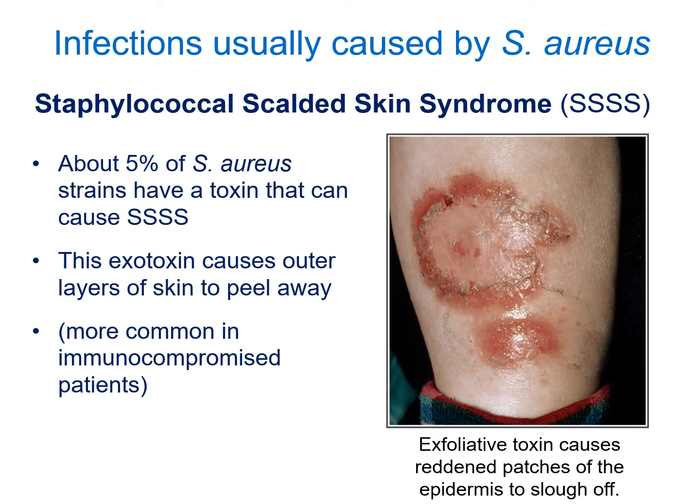Another more dangerous condition caused by S. aureus is staphylococcal scalded skin syndrome, SSSS. What's happened here is that Staphylococcus aureus has gotten deeper into the skin. So it's gotten into lower layers of the epidermis, maybe into the dermis as well. And some S. aureus will produce a toxin that causes layers of skin to detach from each other and peel away from each other.